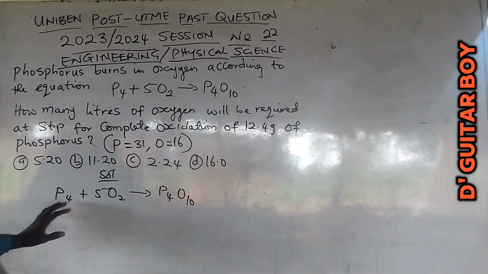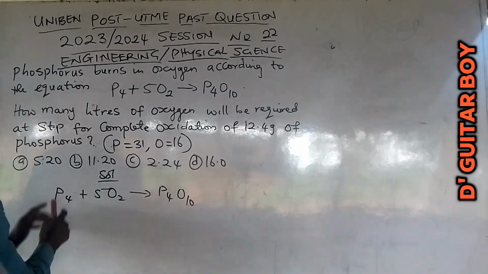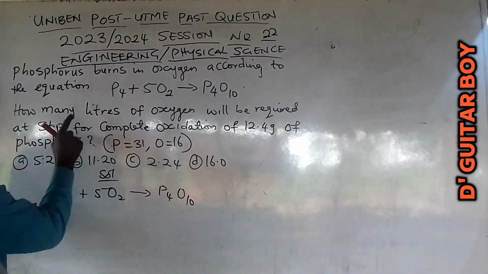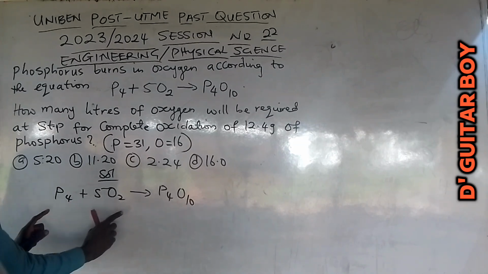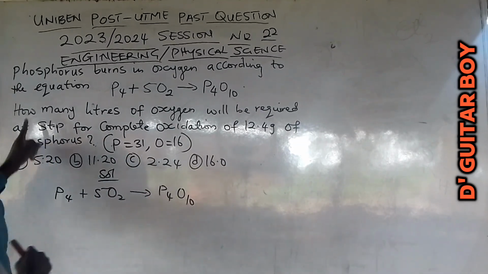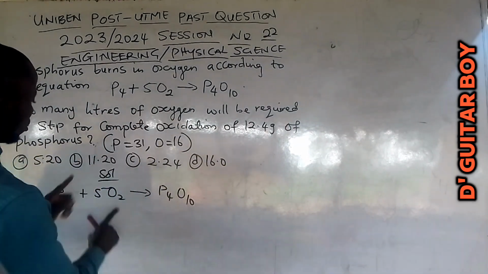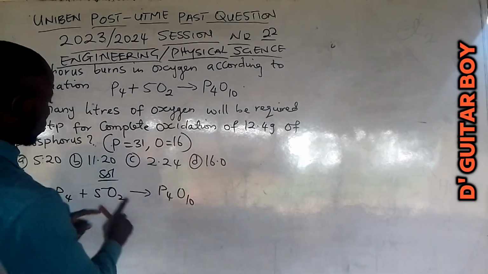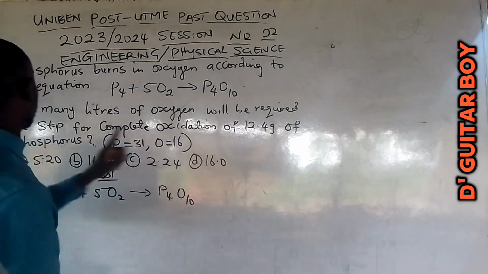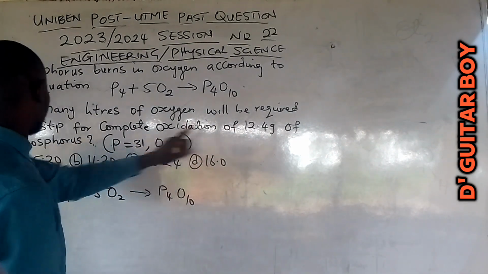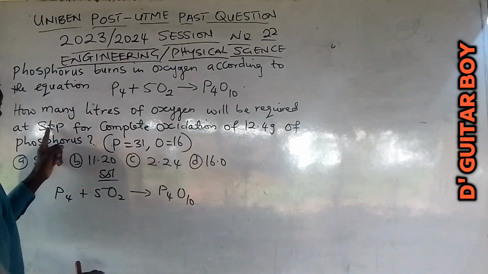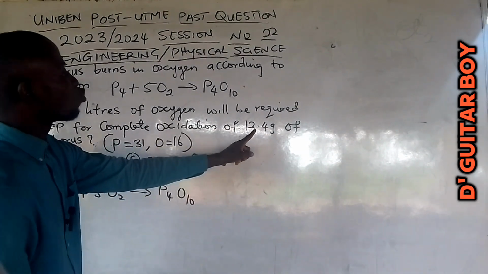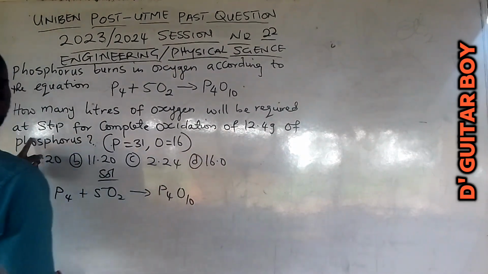Now, if you check, the relationship from the question is between phosphorus and oxygen. How did I know? Look at it. How many liters of oxygen will be required, at STP, standard temperature and pressure, for complete oxidation of 12.4 grams of phosphorus?